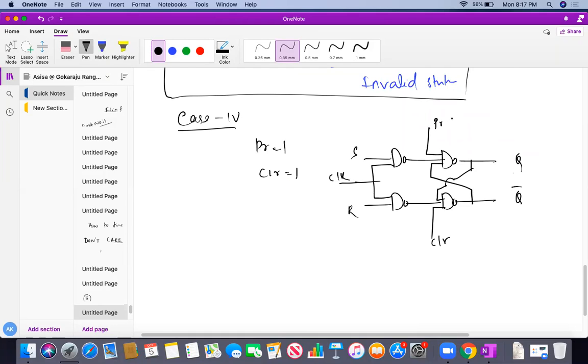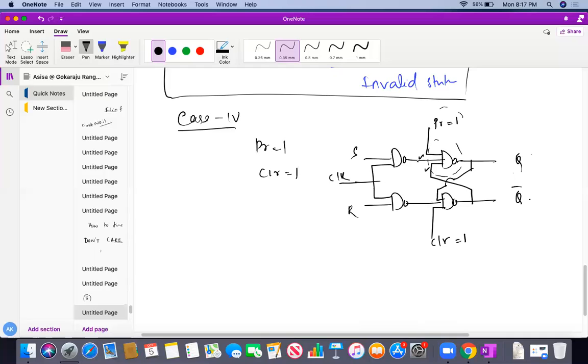Just here, if I am applying preset equal to 1 and clear equal to 1, tell me what we will get for Q and Q bar. Can we distinguish this? What will be my Q and Q bar? Obviously not. Why? If any input to this NAND gate is 1, the output depends upon the other inputs. Am I correct?